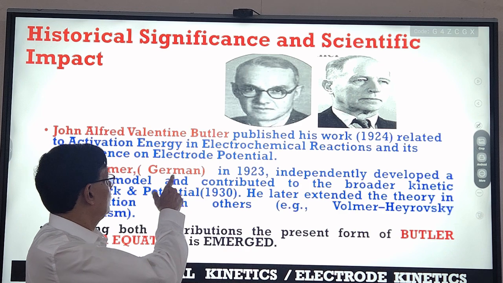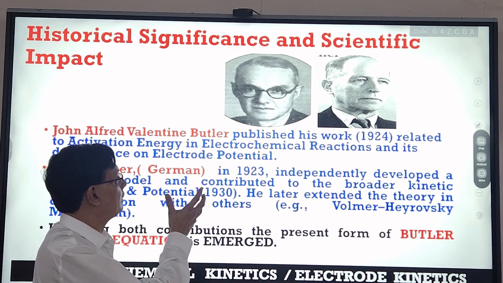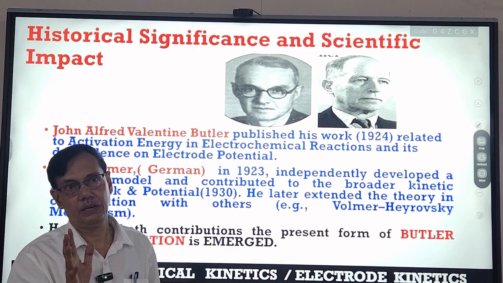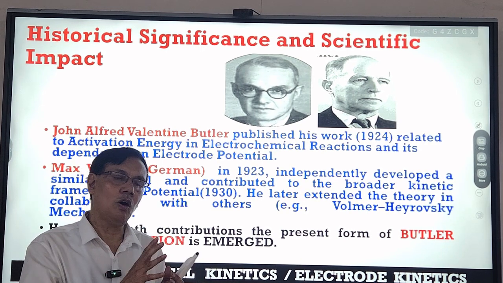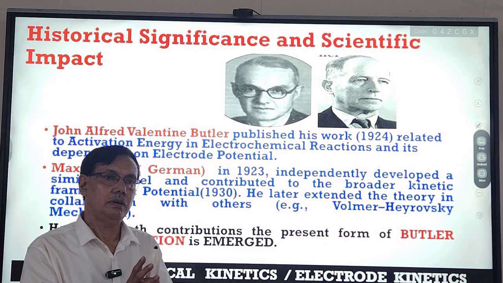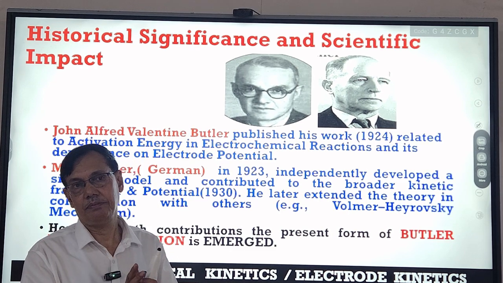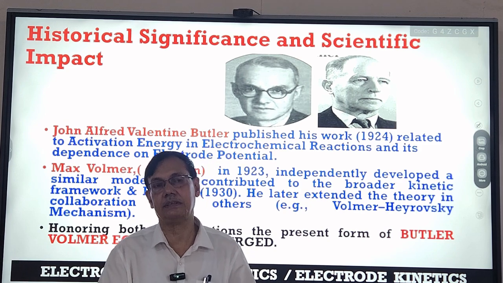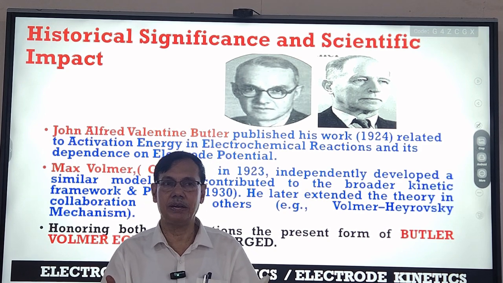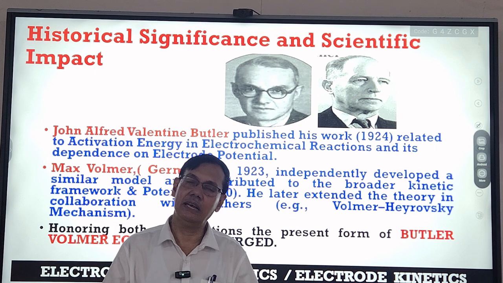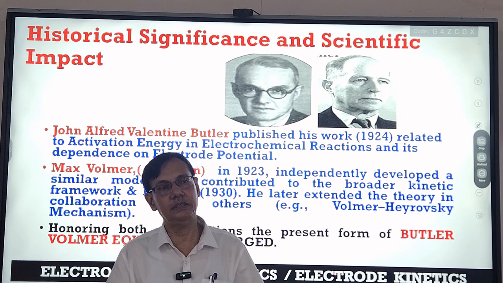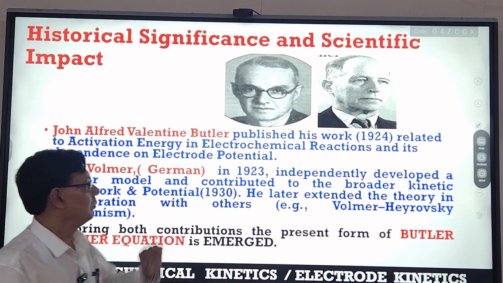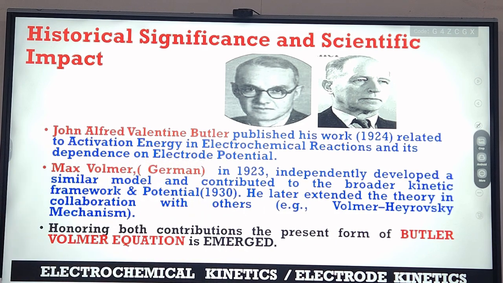So it is a relationship between some electrochemical reactions and activation energy, and of course the role of electric potential. Because if we are talking about an electrochemical reaction or redox reaction, it is also one type of chemical reaction. So yes, free energy or activation energy plays a very significant role. So he published that one.